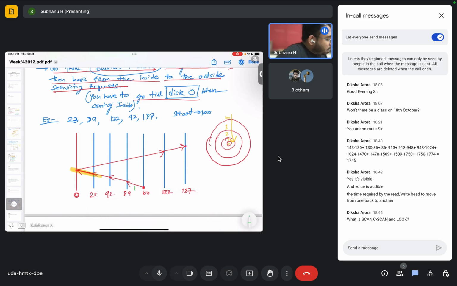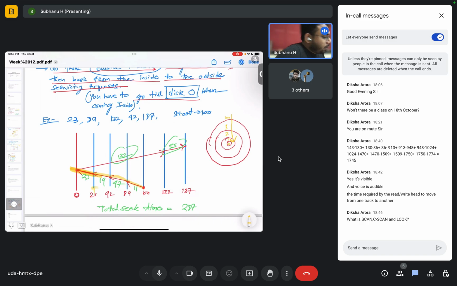So what are the seek times? 11, 47, 19, 23. This is 132 and this is 55. So the total seek time is equal to 287. Basically I'll be adding all of these. The main thing is I will be starting from the initial position and going to 0.